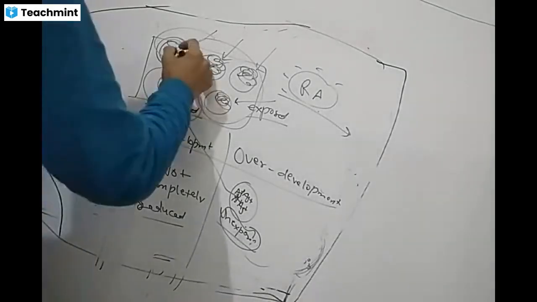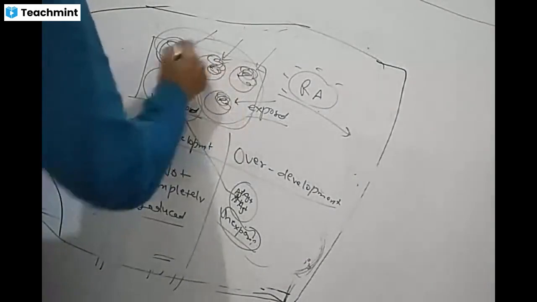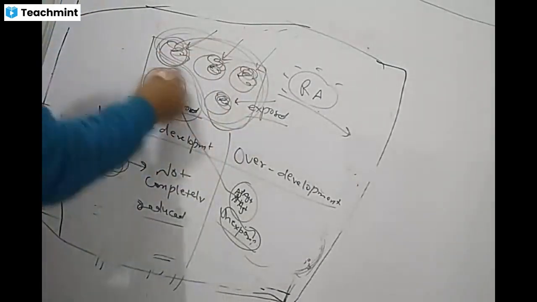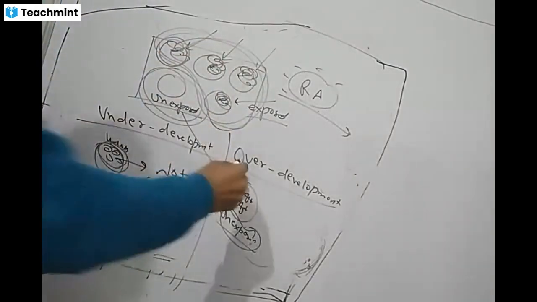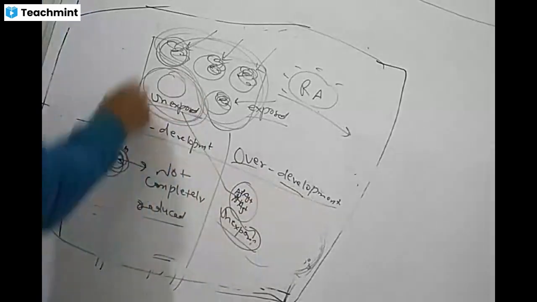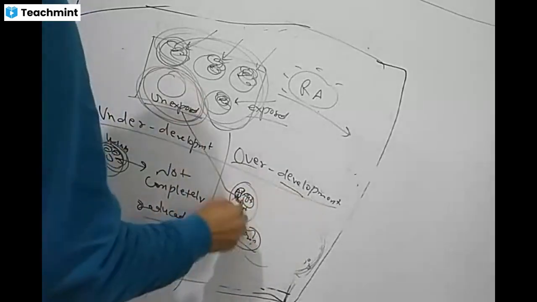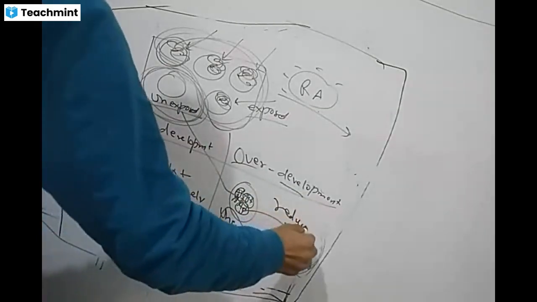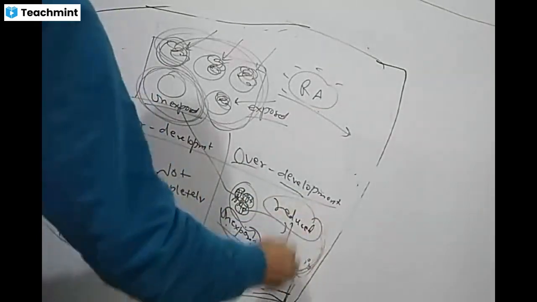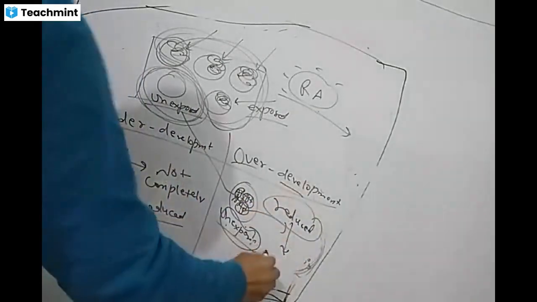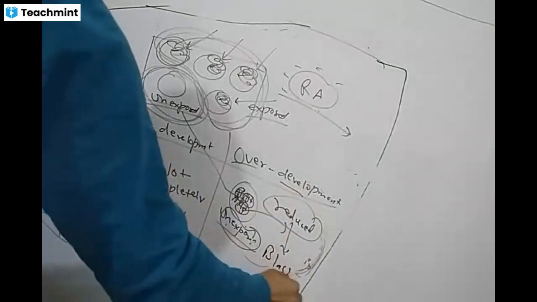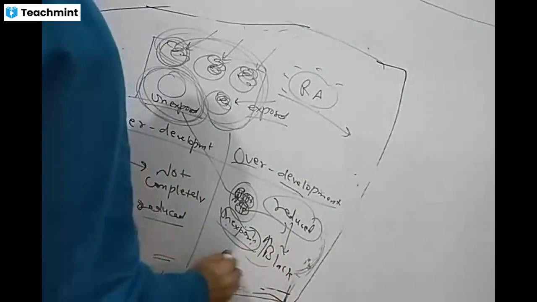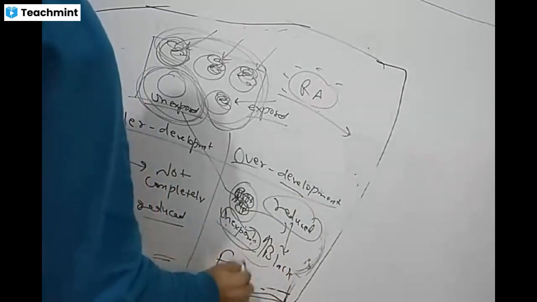Continue. So 1, 2, 3, 4, these are exposed crystals and one is an unexposed crystal. So overdevelopment means this unexposed crystal, which is having silver in the interstitial space, is also reduced. And if more silver is reduced, your film will become more black. For that the term used is fog.